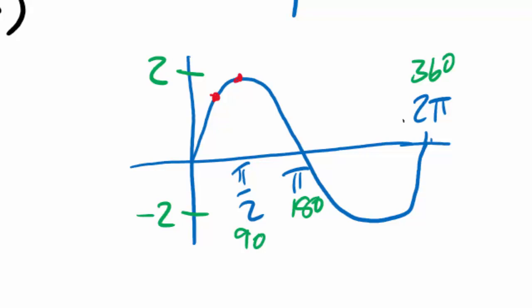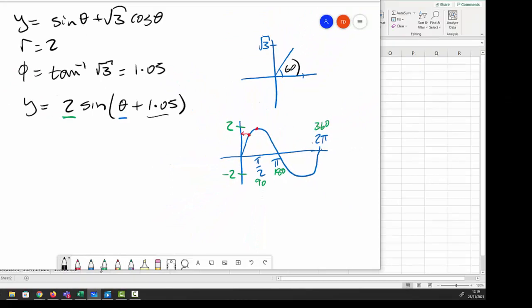Which means that that point needs to move to the x-axis. So the whole curve needs to move to the left by 60 degrees, or by a radian, which means that our final sketch is going to look something like this. It's going to go up, and then down, and then up again.